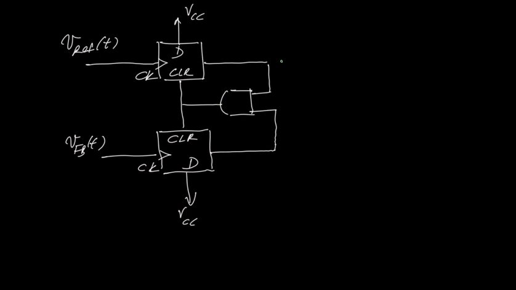This and this are typically fairly easy. We tie these to, let's say, VCC. So this is a transistor. This is an N channel.